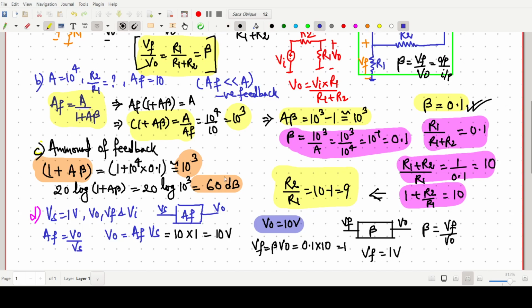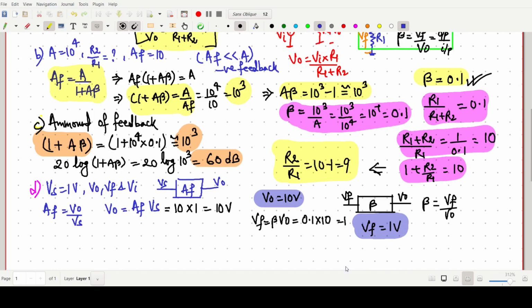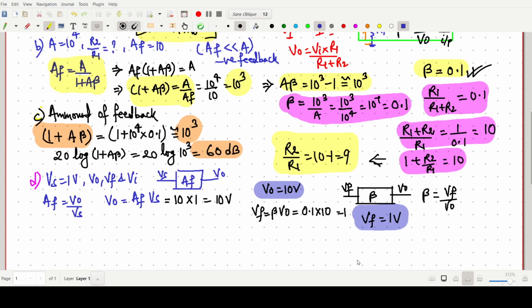Again I am highlighting this. Vf is 1 volt. And one more thing is there.